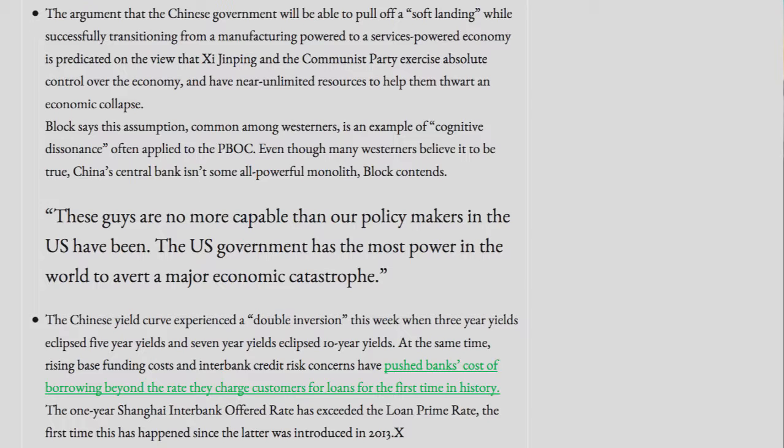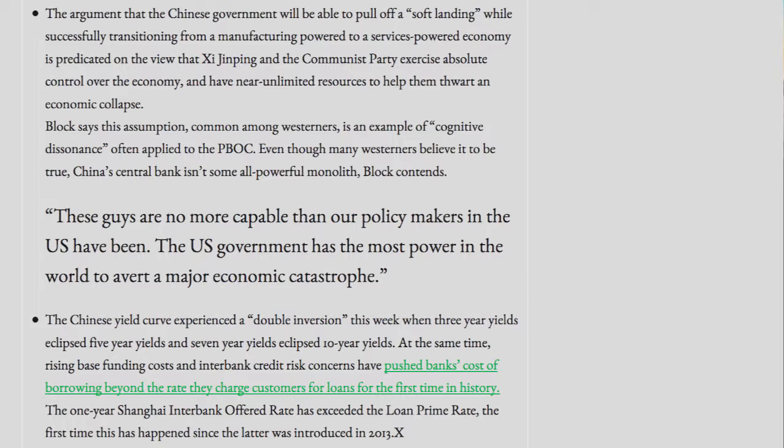Block says this assumption, common among Westerners, is an example of cognitive dissonance often applied to the PBOC. Even though many Westerners believe it to be true, China's central bank isn't some all-powerful monolith, Block contends.